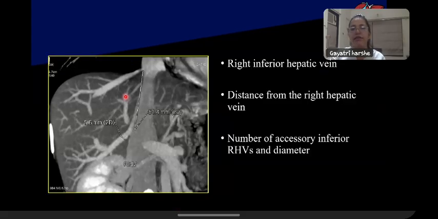The other thing is the right inferior hepatic vein. There can be a single right inferior hepatic vein, or there can be multiple right inferior hepatic veins.